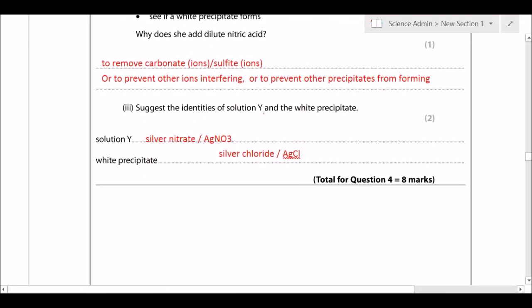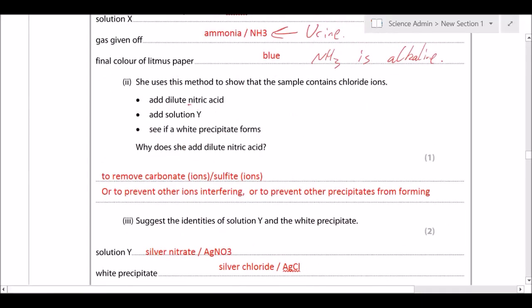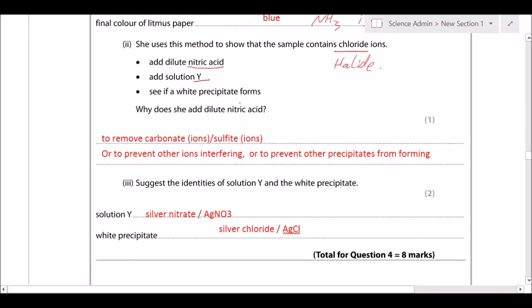Suggest the identity of solution Y in the white precipitate. So this is a test essentially for halide ions, because chloride is a halide ion. So it's nitric acid, and this Y is silver nitrate. Yeah.